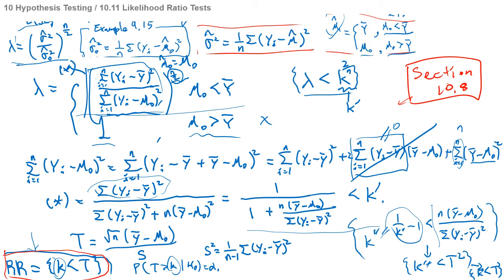And actually, all the results from sections 10.8 and 10.9 can be obtained by this kind of likelihood ratio test. If you want to practice more, you can do more exercises like these, and you will find that what you learned in sections 10.8 and 10.9 can also be obtained using the likelihood ratio test.